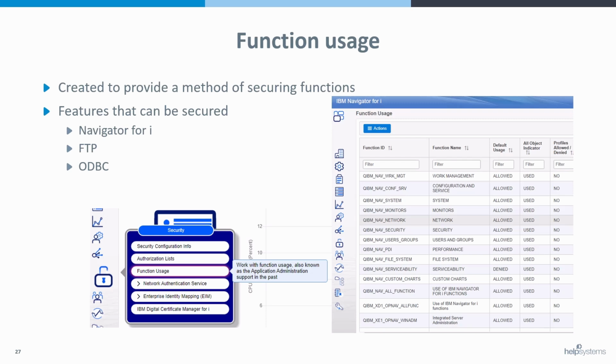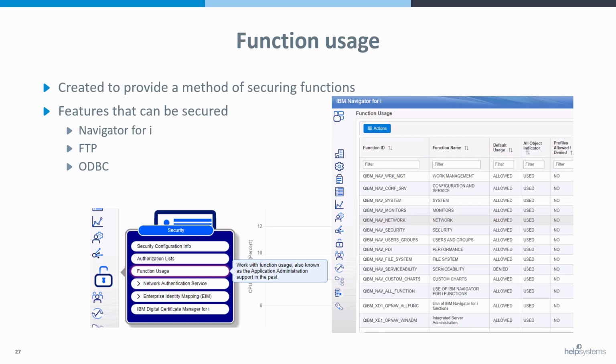You can also secure FTP at a very on-off level. This is not an IP decision making. It is simply if your user profile is not allowed to use FTP, you will be stopped from using FTP. The same for ODBC. And with ODBC, it's a little tricky because they actually called it the toolbox.